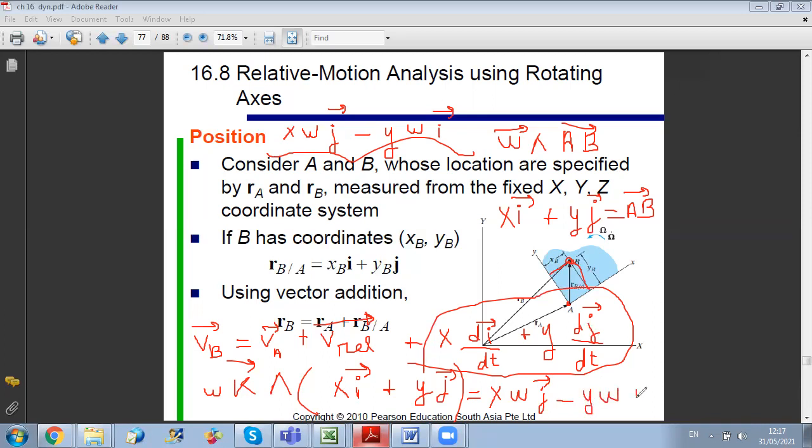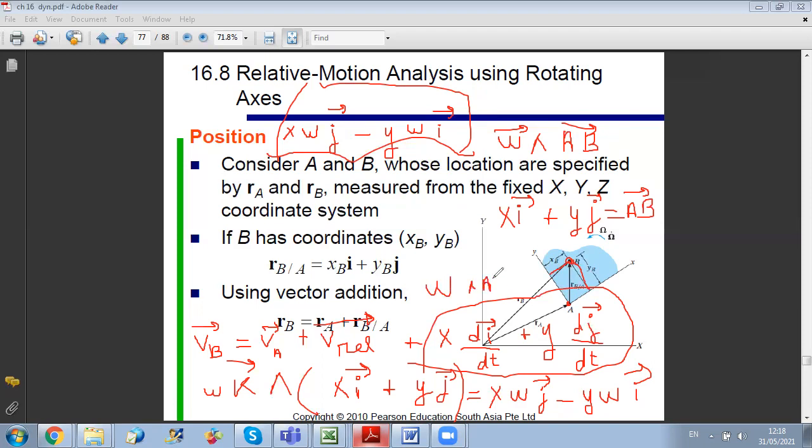So this term in your equation can be replaced by omega vectorial AB. So as a final result, in the rotating frame, the general relation is VB equals VA plus V relative plus this term, which can be replaced by omega vectorial AB.